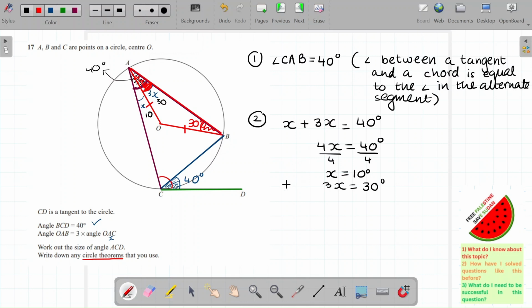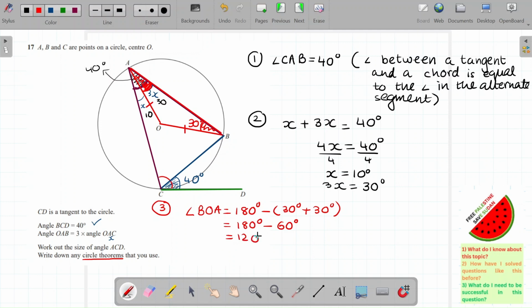So step number 3, I'll write it over here. Okay, so angle BOA is 180 degrees minus the two 30-degree angles added up. 180 minus 60 degrees, which is 120 degrees.